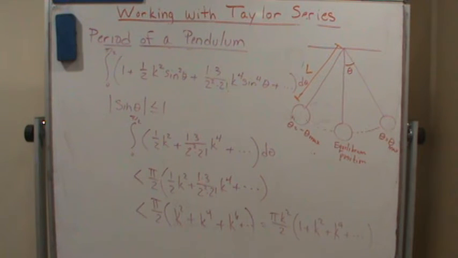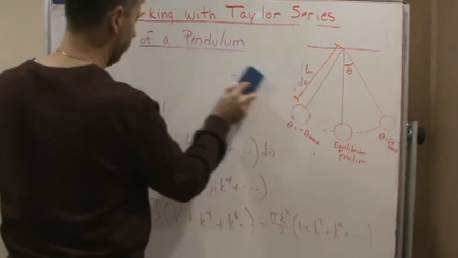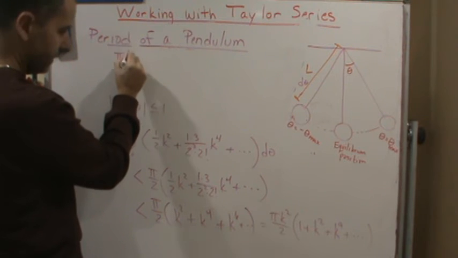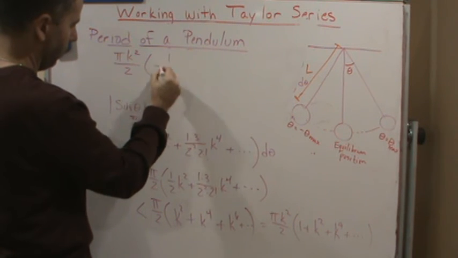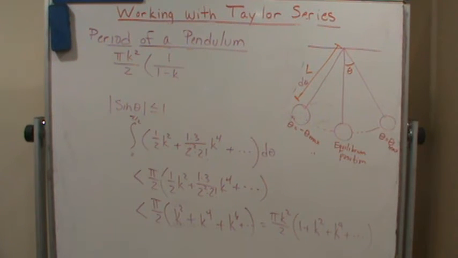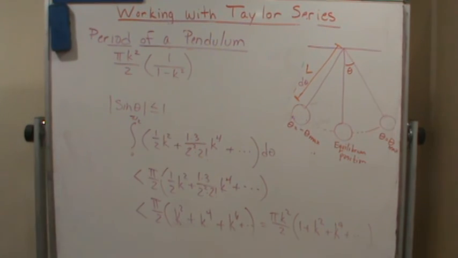And so now we can write this as pi times k squared over 2 times 1 over 1 minus k squared, which is small for k being small.